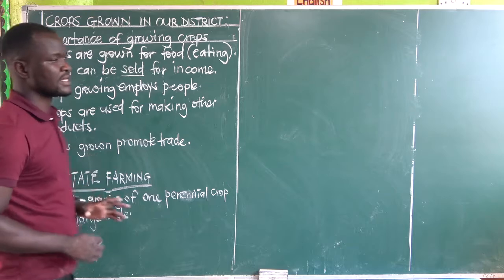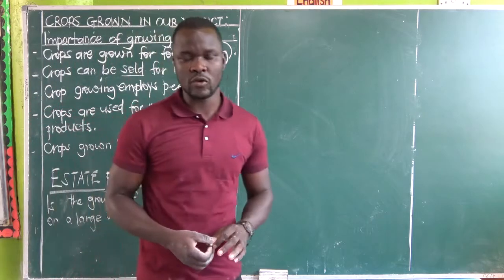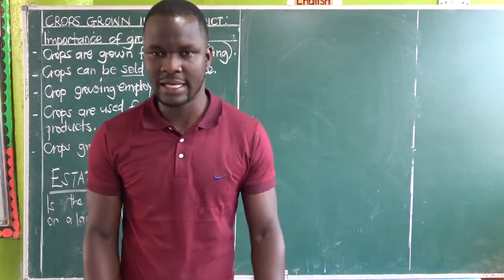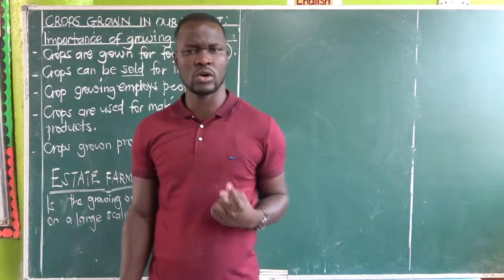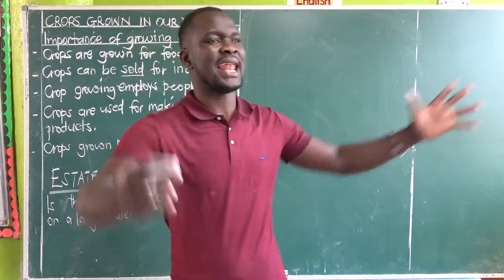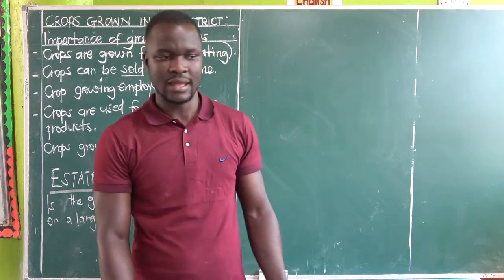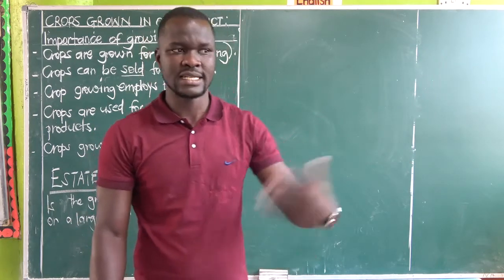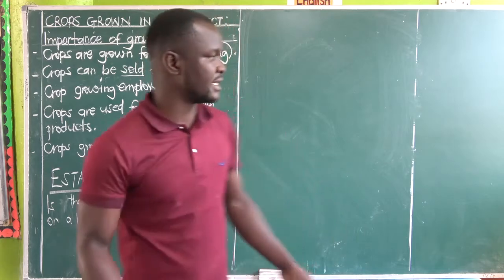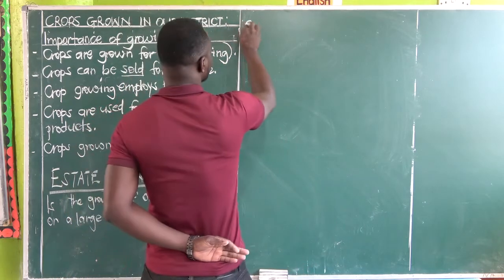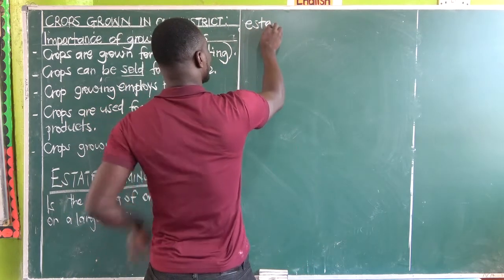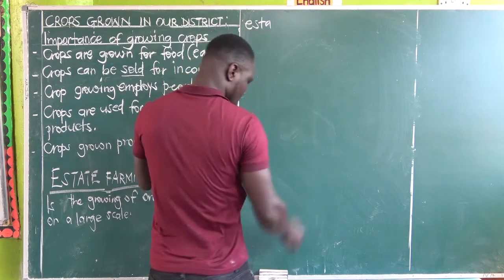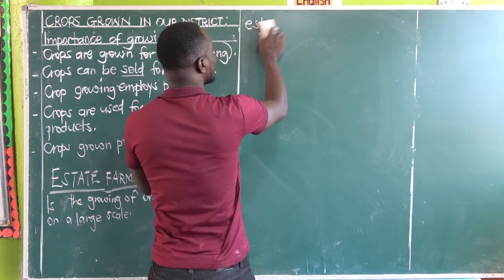Therefore, we need to understand which are these perennial crops that can be grown on a large scale. You find one single crop being grown on a large scale, and these are the perennial crops that take seasons in the garden. That gives us what we call plantation crops or estate crops.